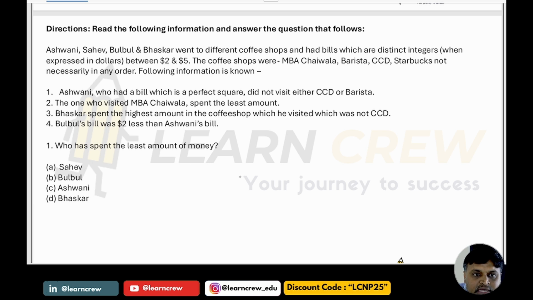Now first one, Ashwani, who had a bill which is a perfect square. So 2, 3, 4, 5 are the numbers we have. From 2 to 5, integers are 2, 3, 4, 5. Ashwani, who had a bill which is a perfect square, did not visit either CCD or Barista.